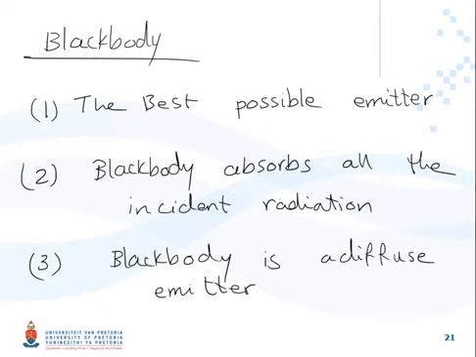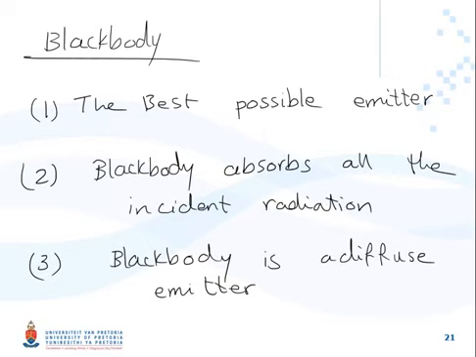So again, keep in mind the blackbody is a model. Why are we studying it? We want to have a reference, and after that compare the normal material with the blackbody, because we have a maximum value and we know that for normal material we will get less.